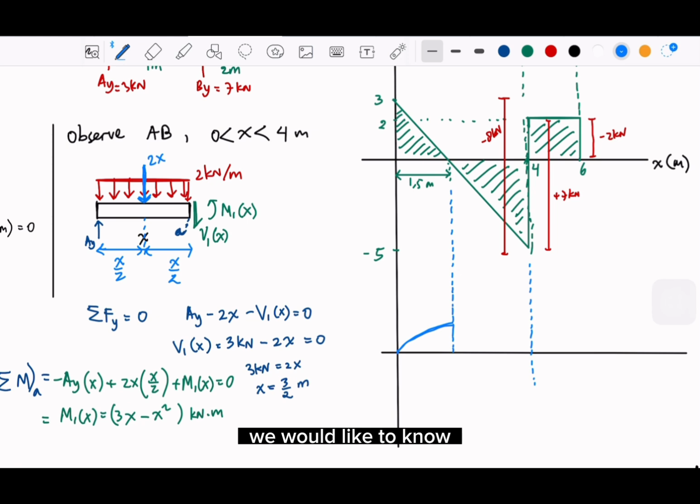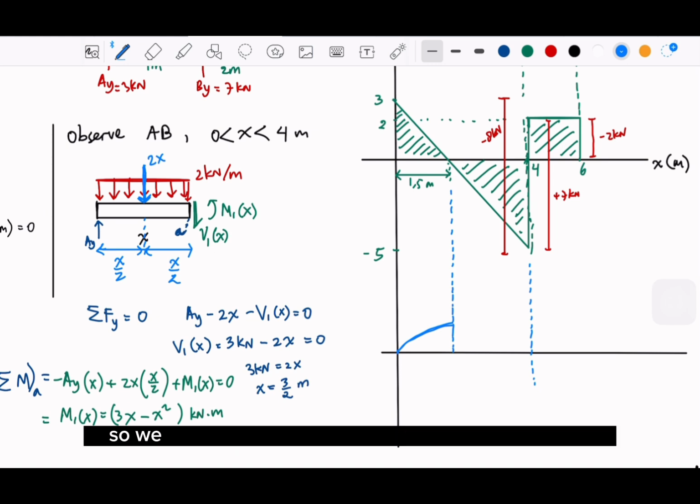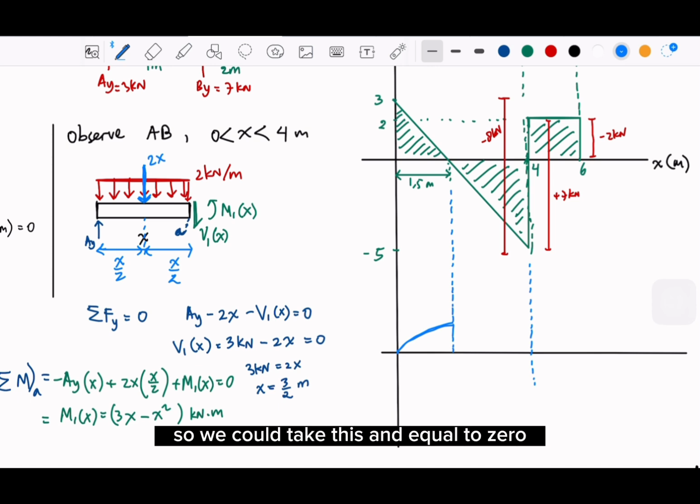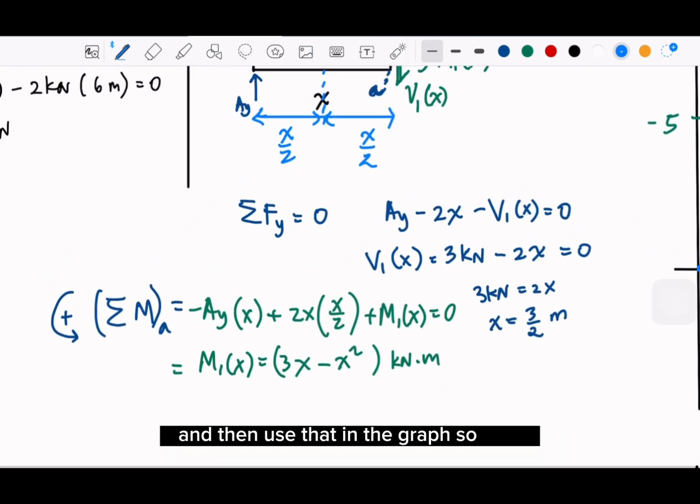But we would like to know, when this moment goes down here, what will be the distance? So we would like to know that from our equation here. So this is x when M is 0. So we could take this and set it equal to 0. And then we could pick this number and use that in the graph.